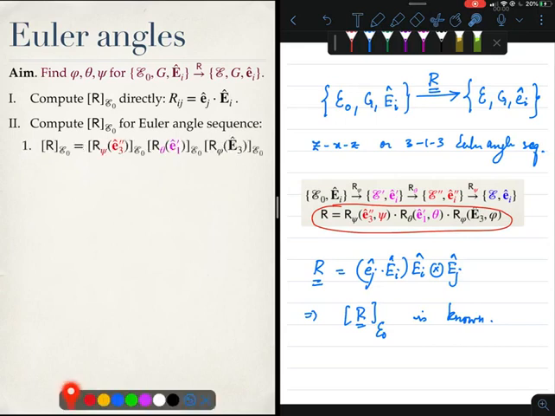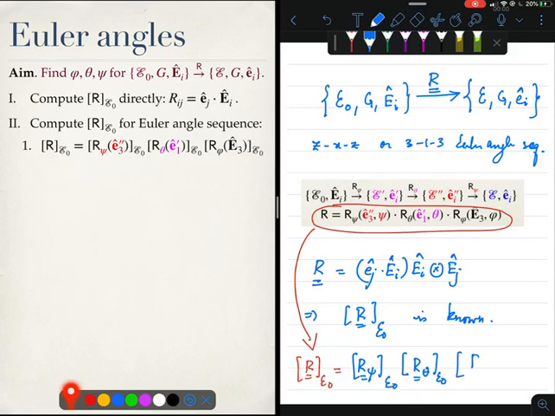So well, from this equation it seems that we should be able to write down R in E0 as simply R psi in E0, R theta in E0 times R phi in E0.